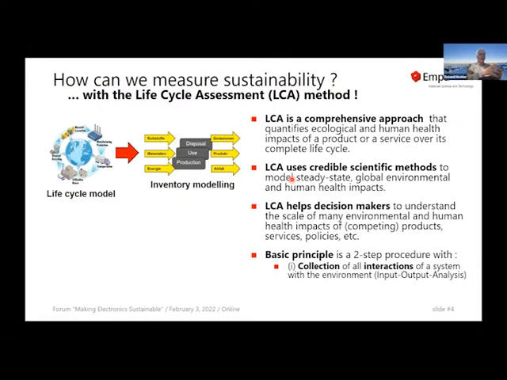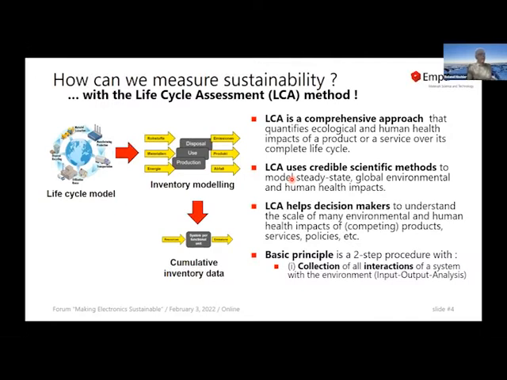Practically, an LCA consists of two modeling steps. In a first step, you establish your life cycle model, and then you collect the data. You collect all the interactions of your system with the environment, a kind of input and output analysis. You can then sum this up to get the cumulative resource consumption and emissions that your system is producing and consuming in relation to the functionality.